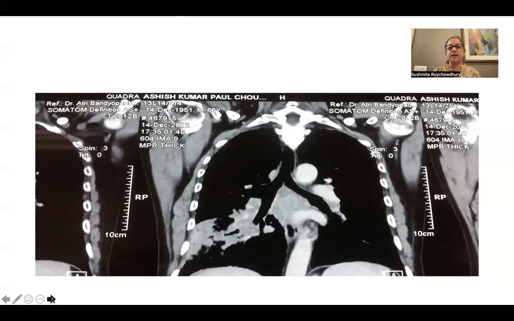A lady with breast cancer comes with a breast lesion and a PET CT scan positive node, and it is assumed that she's stage 4. No, even a PET positive node can be downstaged if you do an EBUS and find that the lymph node is actually granulomatous and not metastatic. So PET positive nodes can be downstaged by an EBUS. Wherever there is scope for curative intent, an EBUS for staging must be done.